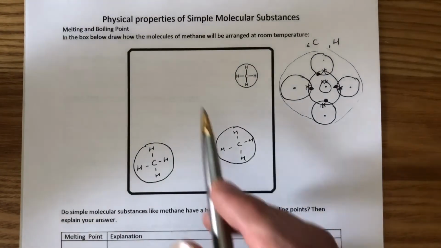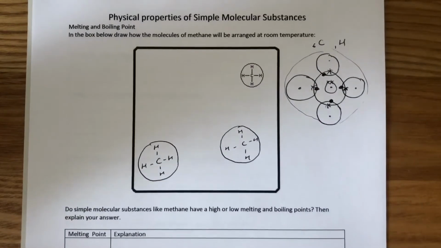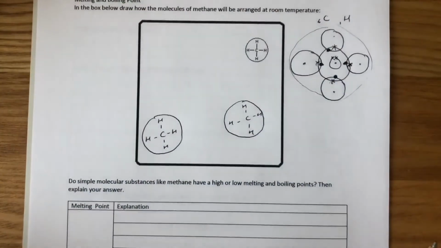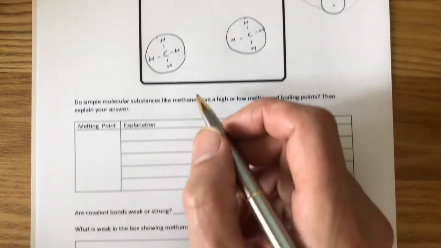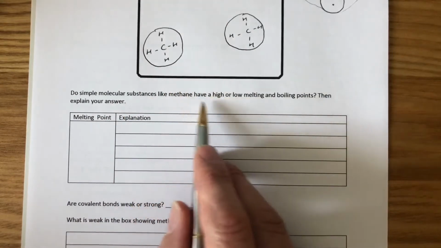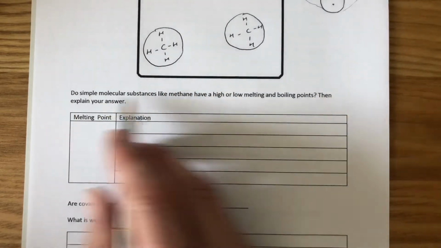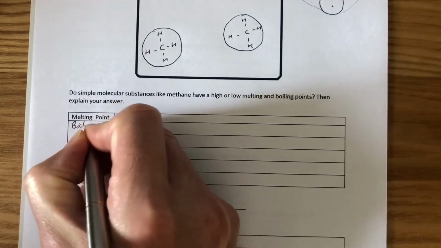So the first question we have here is, do covalent substances like this have high melting points or boiling points? We're going to talk boiling points, because this is a gas at room temperature. So, do simple molecular substances like methane have high or low melting or boiling points? Then explain your answer. It says melting point there, but it's probably best to say boiling point.